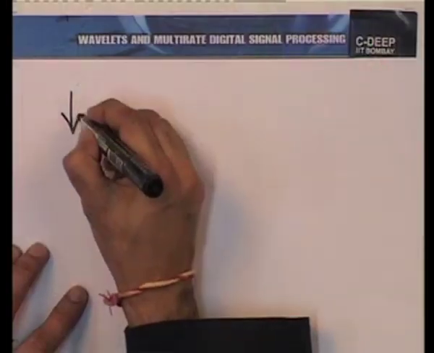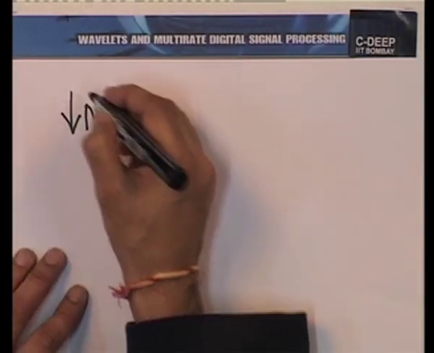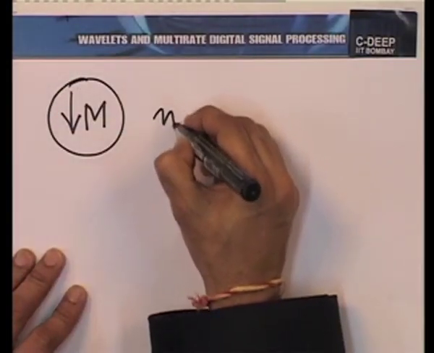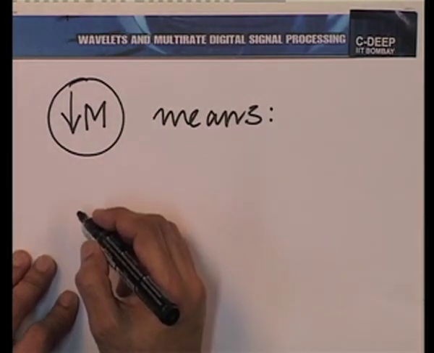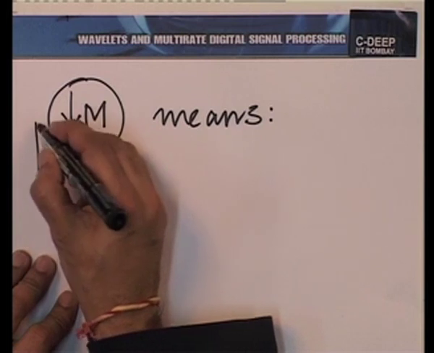The compression step can be viewed as an inverse expander, an inverse upsampling step. So, maybe we should say downsampling by M means, or in other words, let us actually put down sequences here.